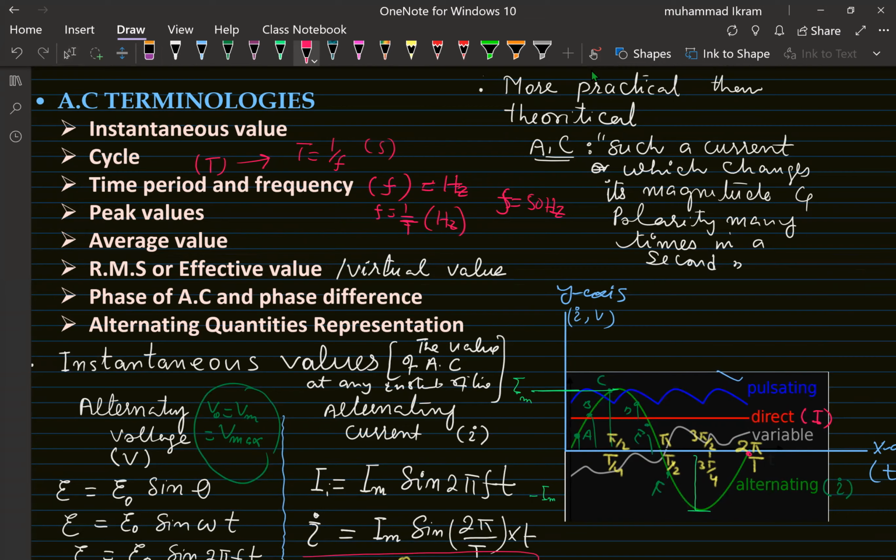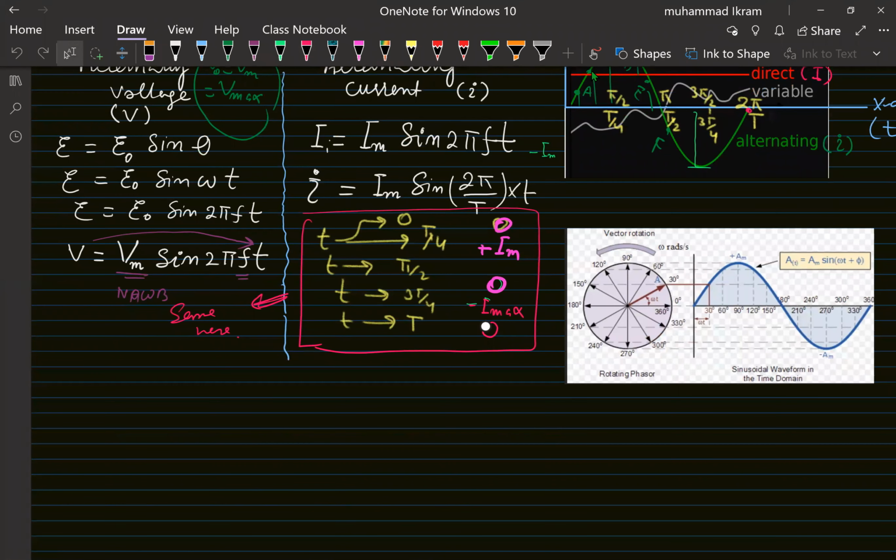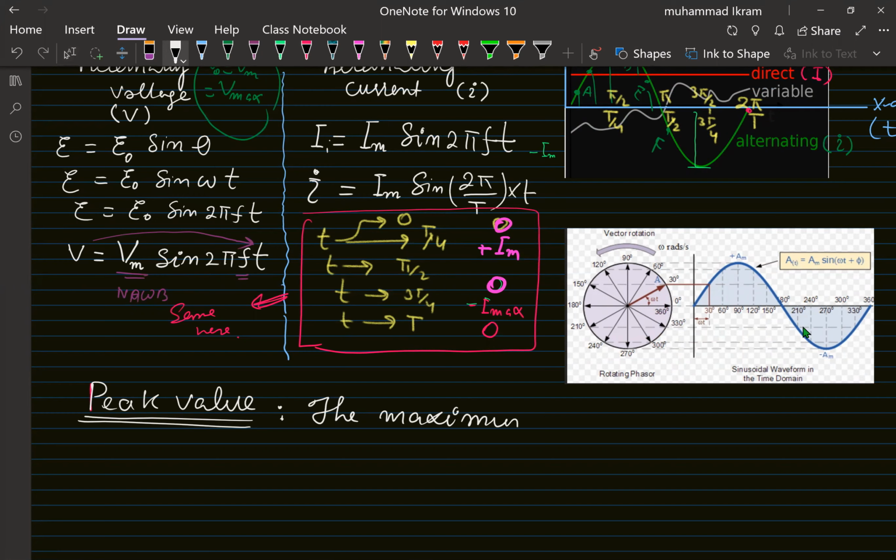Now look, what is the peak value? The peak value is the maximum value attained by the AC quantity.